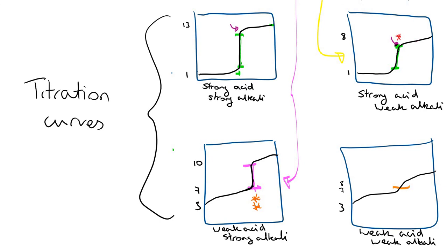Phenolphthalein, methyl orange, and litmus, for example, can be used for a strong acid and strong alkali because their range of color change happens within the end point of our reaction. Likewise, for a weak acid and a strong alkali, we can only use phenolphthalein because its color change coincides with this range, and methyl orange and litmus we can use for a strong acid and a weak alkali. We can't use an indicator for this one because the pH change is too gradual.